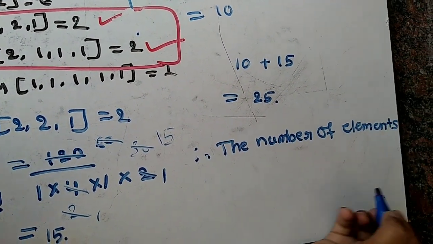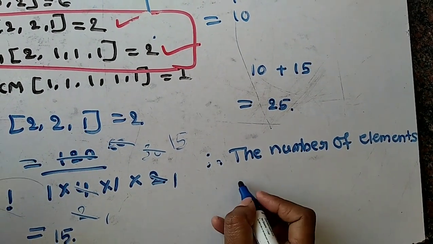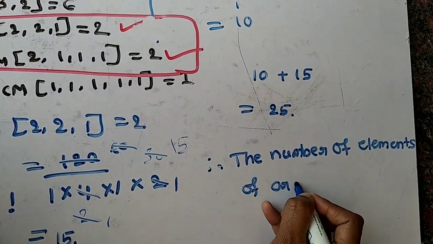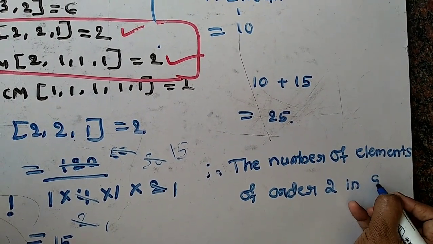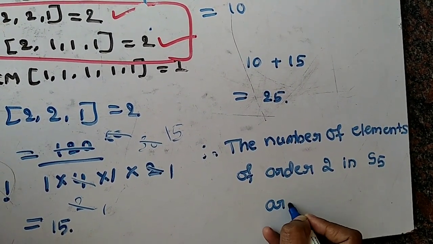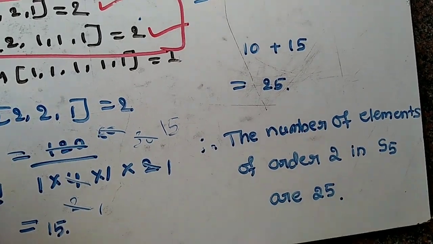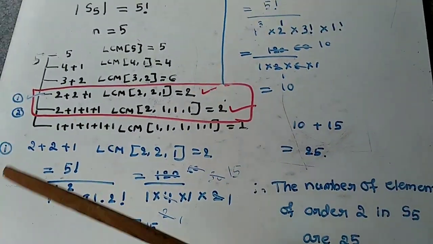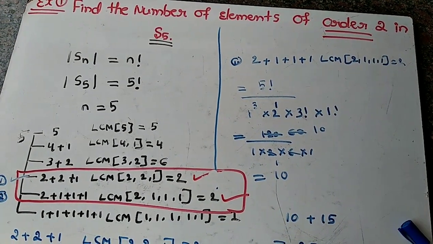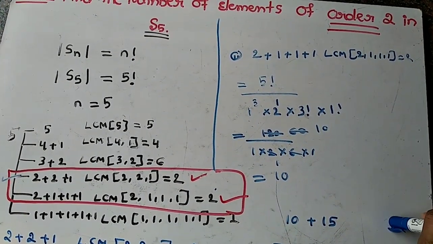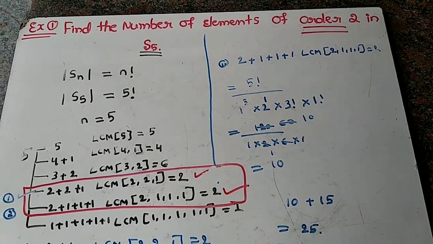Therefore the number of elements of order 2 in S5 are 25. So this is a bit lengthy question. Okay, it will take some time, but if you do more practice, then it will become very easy for you all.